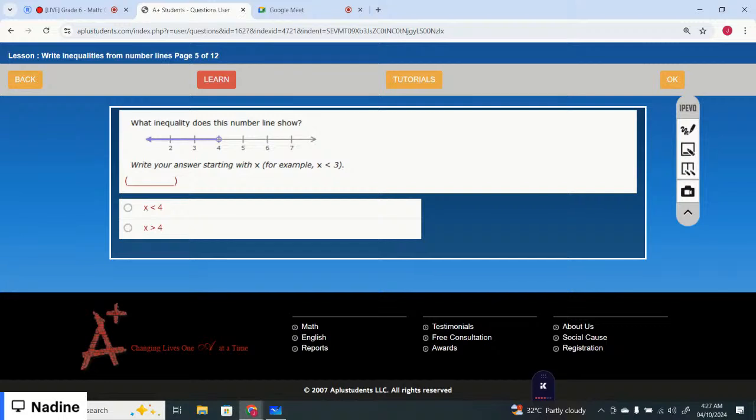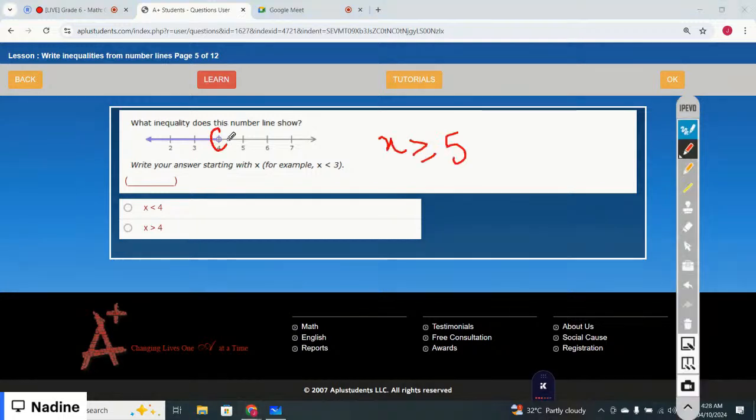What inequality does the number line show? Which one you didn't get? You need to understand two things over here. Just look at this one I am on right now. Here you have an open circle at 4. That means 4 is not the solution of the inequality. Also, the arrow is pointing on the left hand side of the 4.